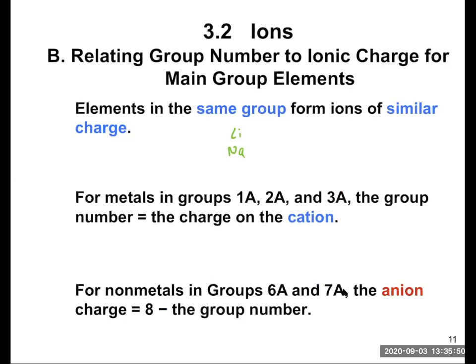Every element in group 1, with the exception of hydrogen, will become a cation with a plus 1 charge. So every atom in group 1, with the exception of hydrogen, likes to give away 1 electron. When it gives the electron away, it becomes a cation with a positive charge.